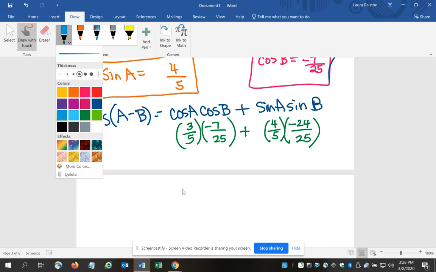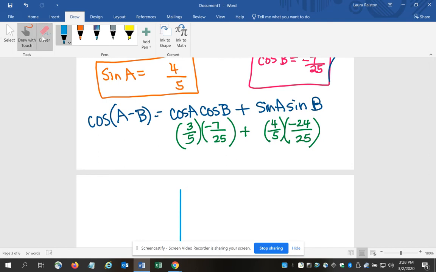So I have 3 times negative 7 is negative 21 over 5 times 25 is 125, plus 4 times negative 24 is negative 96 over 125.